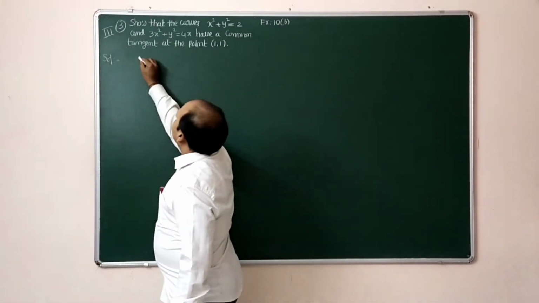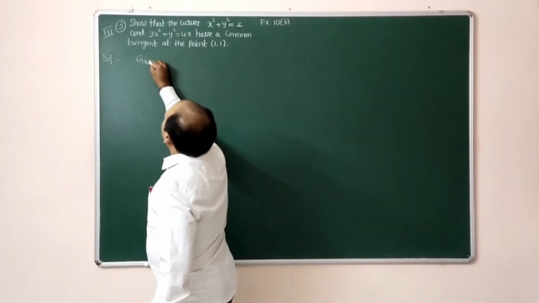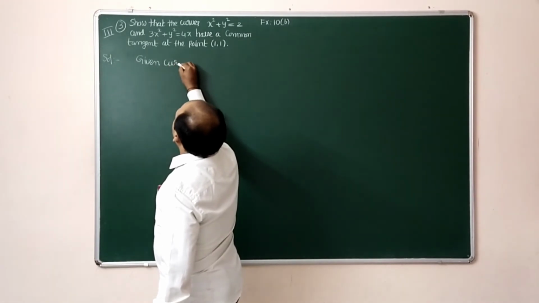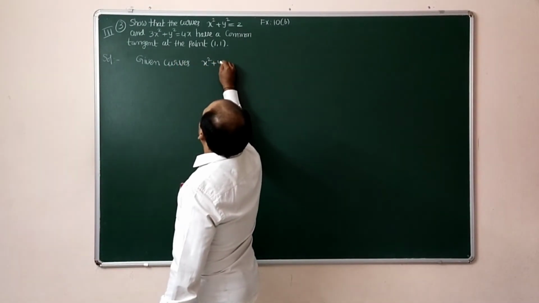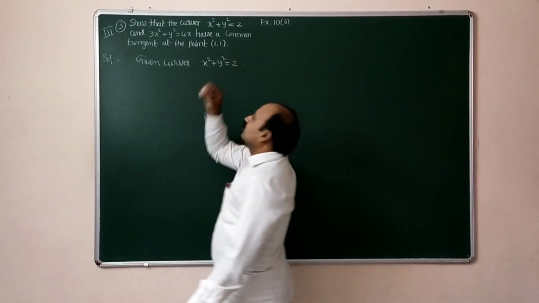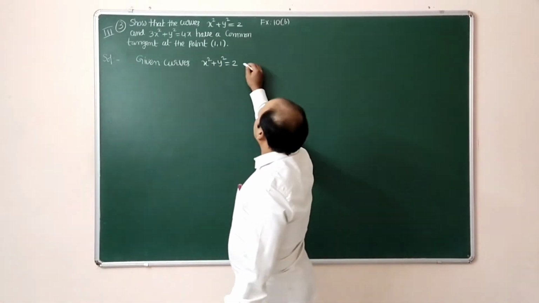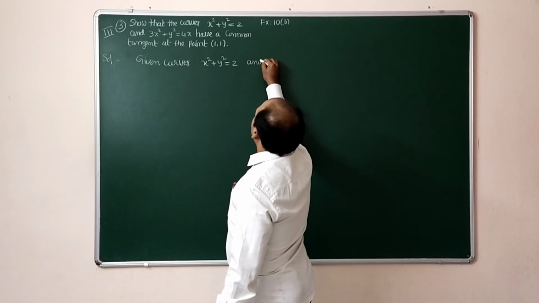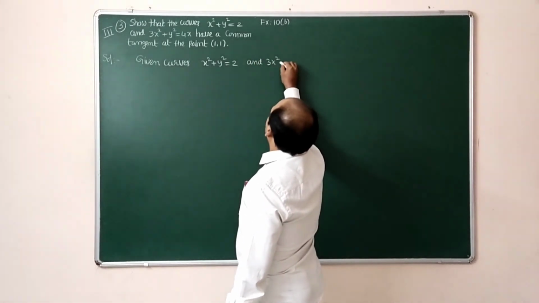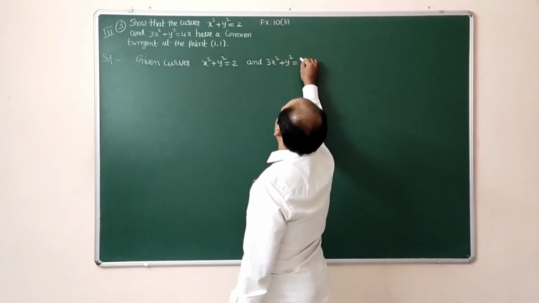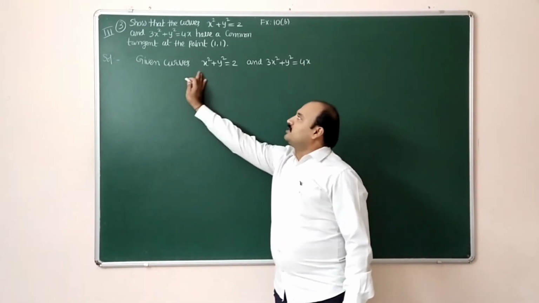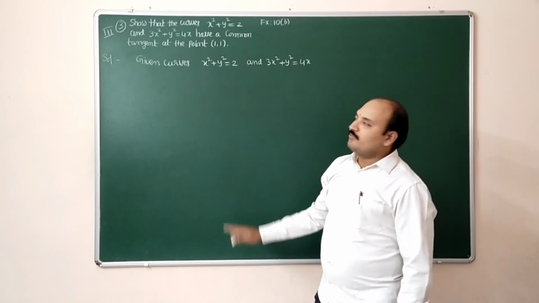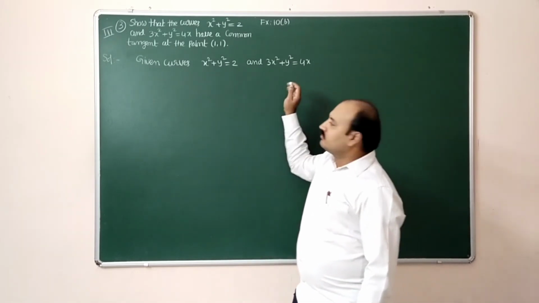So given curves, x square plus y square equal to 2 and 3x square plus y square equal to 4x. First you have to differentiate with respect to x the given curve as well as the second curve.